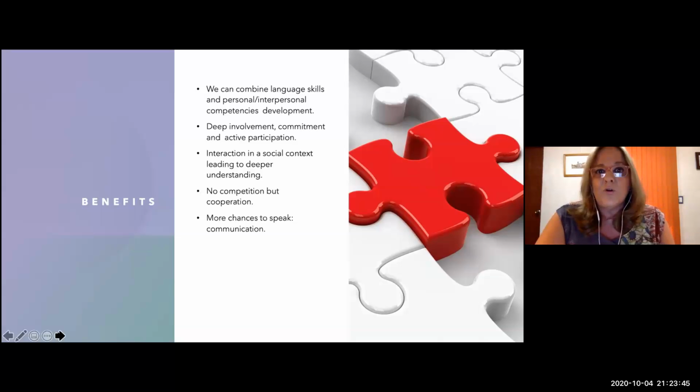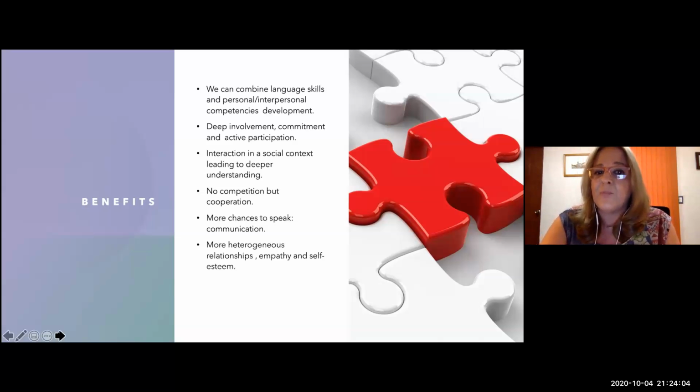Working in small groups, students have more chances to speak, and therefore we develop not only collaboration, but also communication, 2 of the 4 C's. And we also help students develop more heterogeneous relationships, developing empathy and self-esteem.